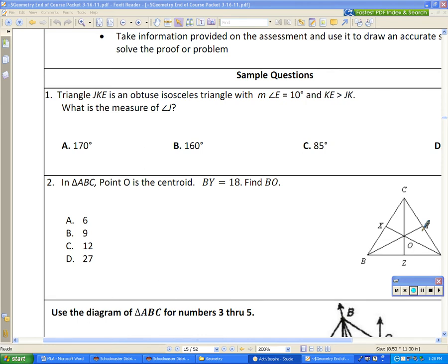We could go back to that in the book and do the whole proof thing and all that, but I'm asking you to just take this one and accept that and remember it. So if this whole thing is 18, then that means this little piece is 6. And the other part that went with it is that this little piece is half of that piece, so this must be 12. So our answer is 12. Okay? C.